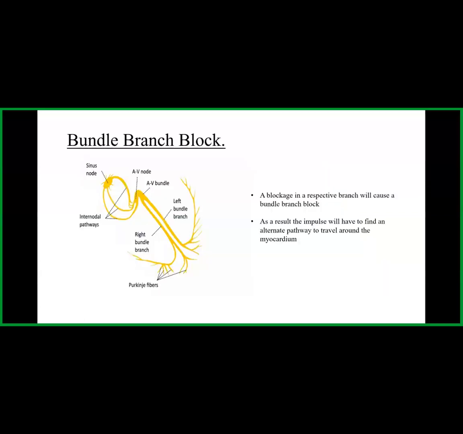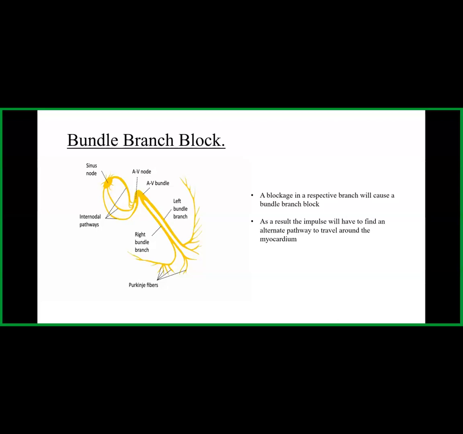So now we will look at a bundle branch block, specifically discussing what it is and how it results. So the conduction system is a pathway. Blockage in the pathway of this conduction system will result in the impulse trying to find an alternate pathway.